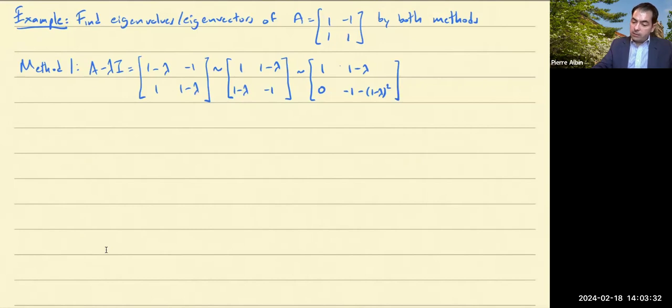So we see that this has a free variable. In order for this matrix to have a free variable, so a column without a pivot, it's necessary and sufficient that this entry vanish. Which happens precisely when lambda is equal to 1 plus or minus i. So these are the eigenvalues.